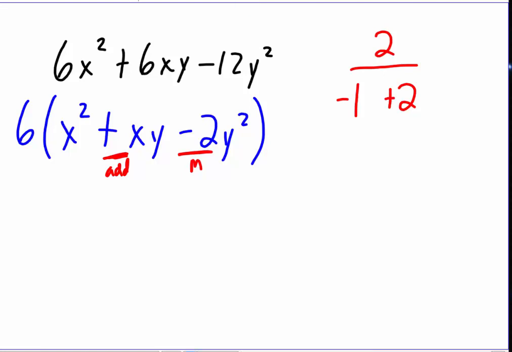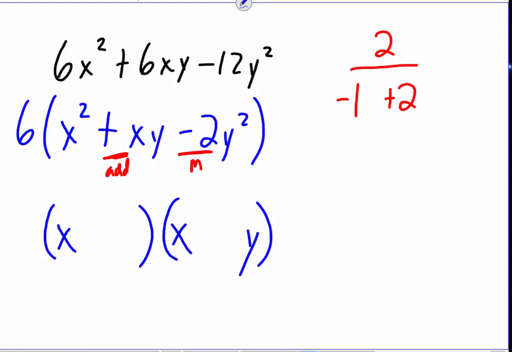So I'm going to come back here, and it's going to be almost identical to what we did before. We're going to put our 2 parentheses. We're going to put an x in the front of both of them. The only difference is that now we have a y squared back here, so we're going to put a y here and here.